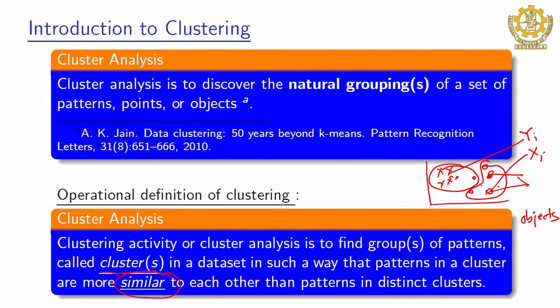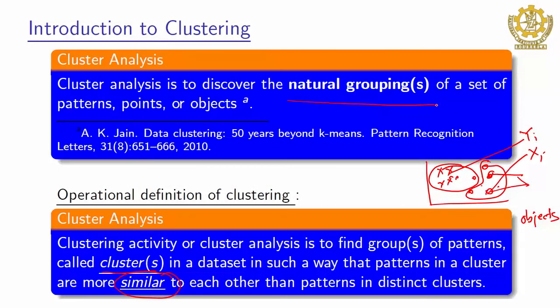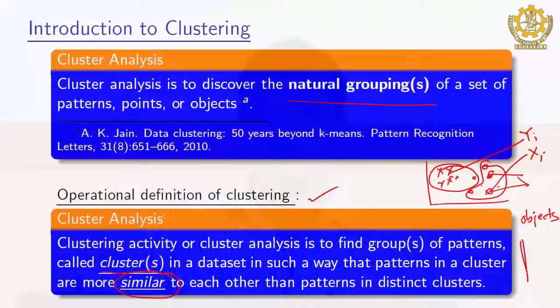We have the notion of similarity, so we can compute the similarity between the objects and then we can find the groups. Unlike natural grouping, where it is very difficult to do any computation, the second definition is widely accepted, because we have a way to compute the similarity between the objects, whether within the cluster or across the clusters. Therefore, this definition is well accepted.